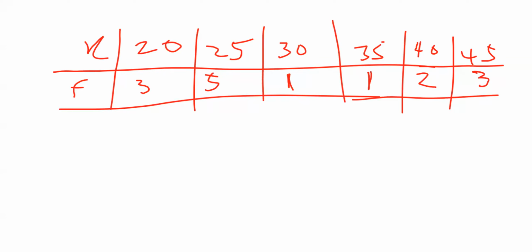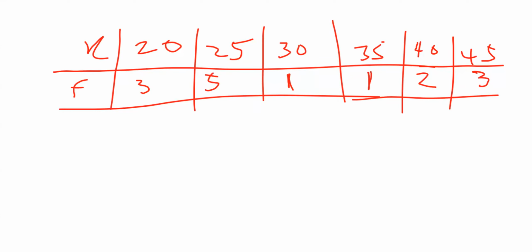If you run this calculation yourself, as we have been doing, if you take time to add 60 plus 125, are you there? 60 plus 125 plus 30 plus 35 plus 80 plus 135. What do you have?